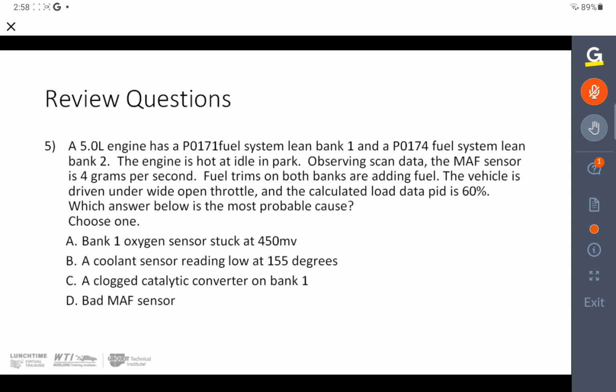Which answer below is the most probable cause? And the best answer here is bad mass airflow sensor. If the answer there was a vacuum leak before the mass airflow sensor, then we could go that route too, but that wasn't one of the possible answers.